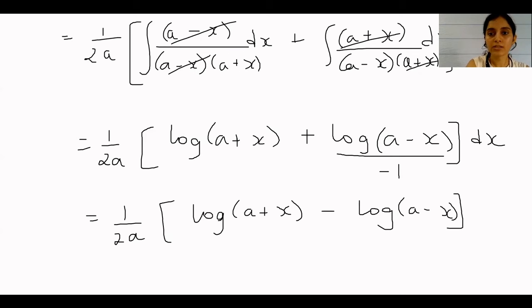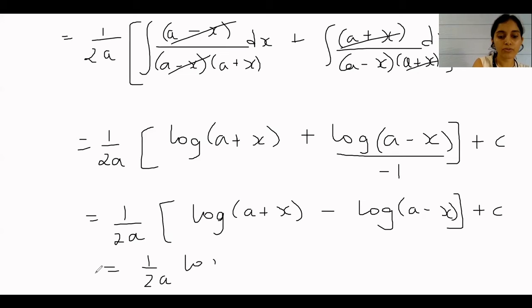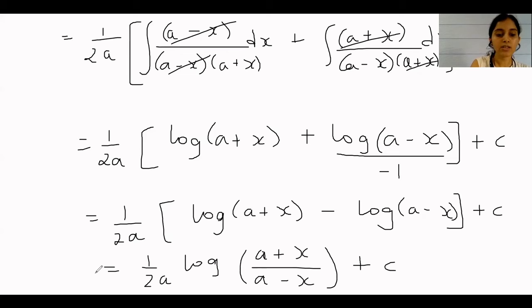Now this should be plus c because we've taken the integration. So now it's a subtraction term, and we write 1 upon 2a log of a plus x upon a minus x plus c.